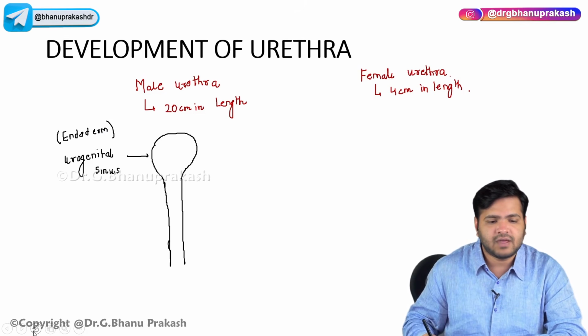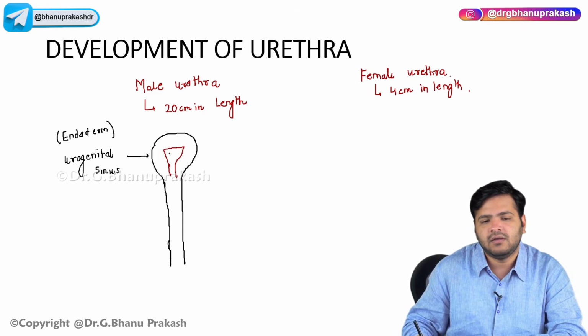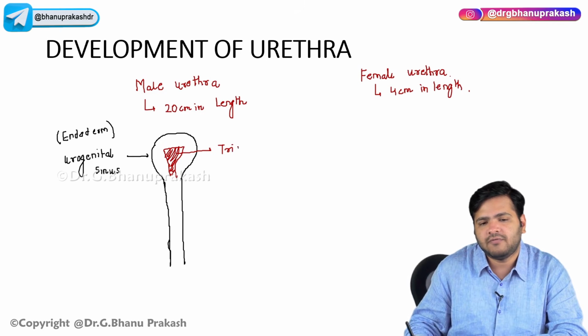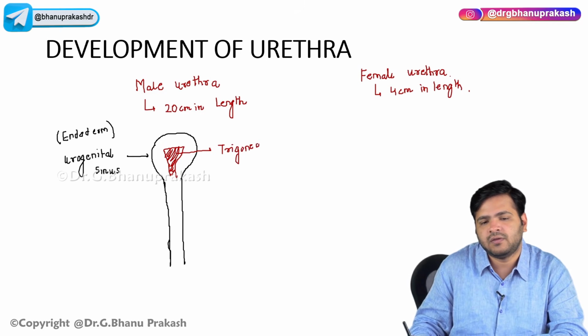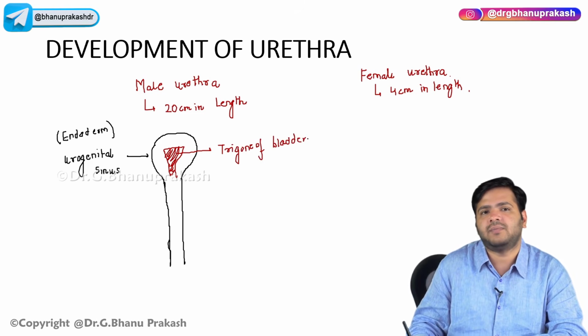And in between we have the trigone of the bladder, and this trigone is coming from the absorbed part of the mesonephric duct. The trigone of the bladder.